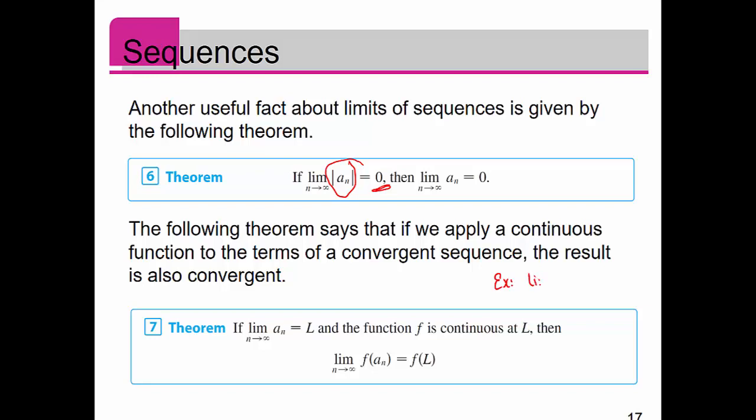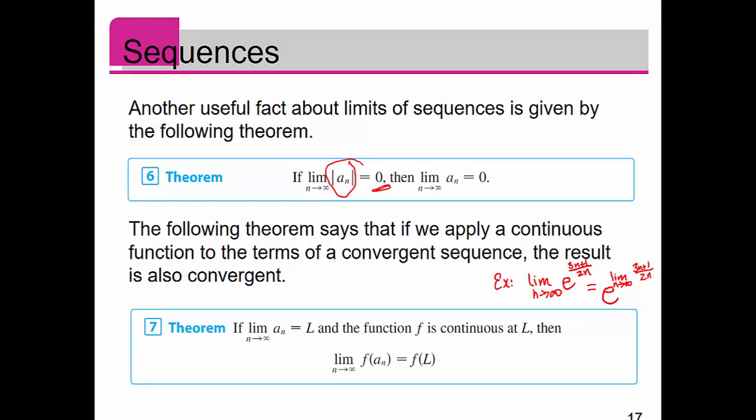Here's an example. Say I want to find the limit as n approaches infinity of e to the (3n plus 1) over 2n. Rather than finding the limit of this exponential all at once, I can do e to the limit. The reason is that e to the x is a continuous function, and so I can investigate whether the limit of the exponent exists, and I know it exists here.